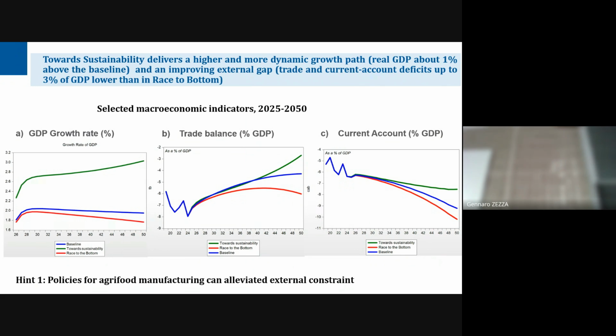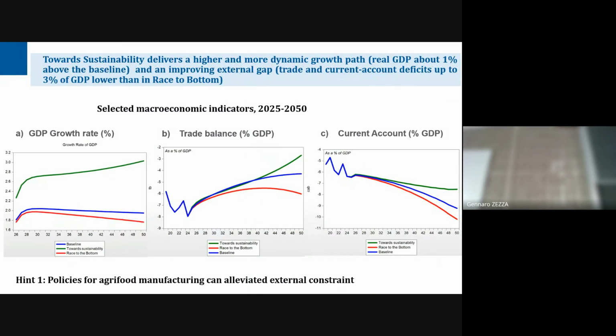So you're not surprised, I guess, that the growth rate of GDP is higher in this towards sustainability scenario, but it's substantially higher. The gap with the other scenarios is increasing, reaching 1% by the simulated time frame of 2050. And again, we simulated an improvement in elasticity parameters in the positive scenario.